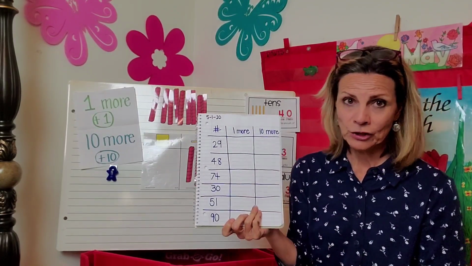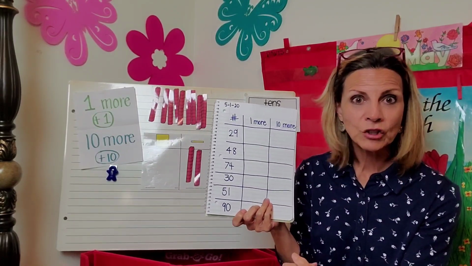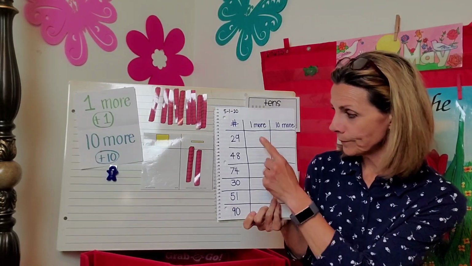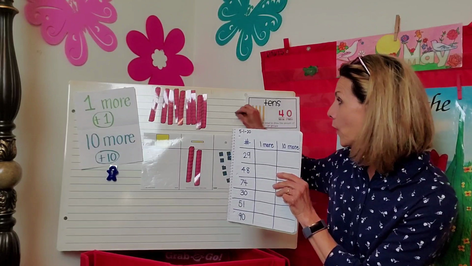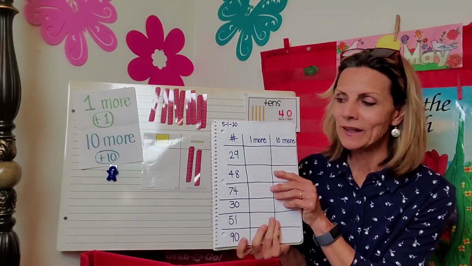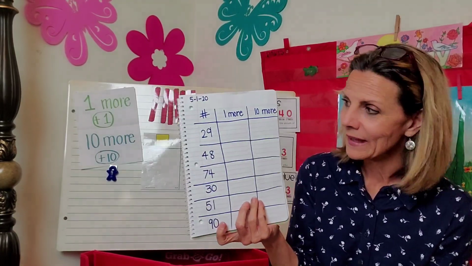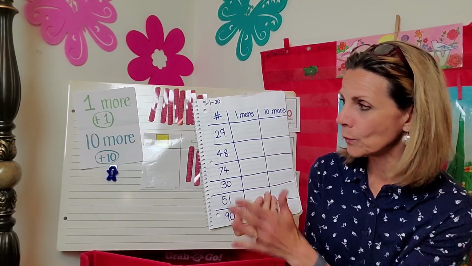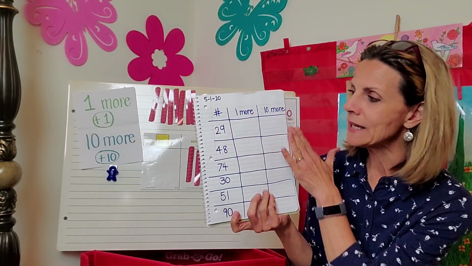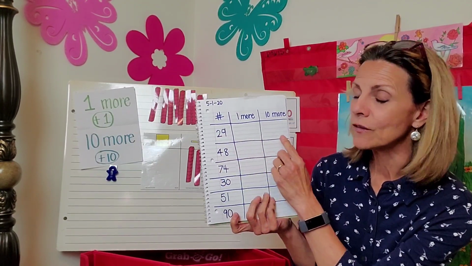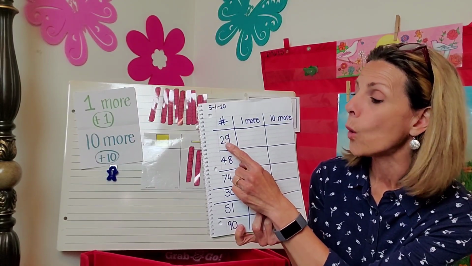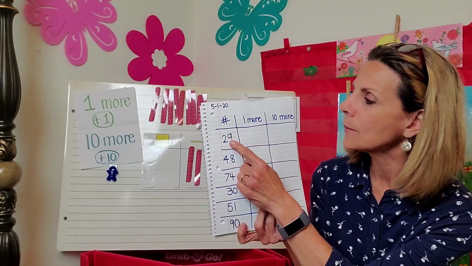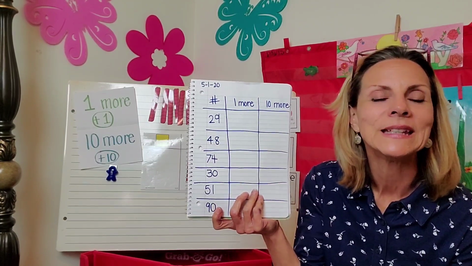And then you would add 1 more to it to get your total. And then take that 1 away and add 10 more to it. So I want to see in this assignment with your grid here, I want to see for each of these whole numbers, the number that would be 1 more than this whole number and the number that would be 10 more.